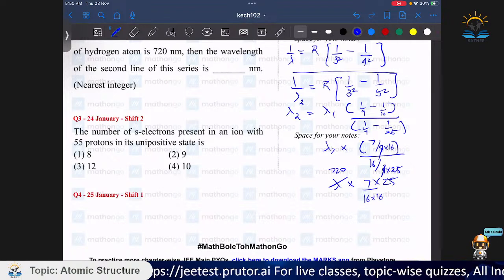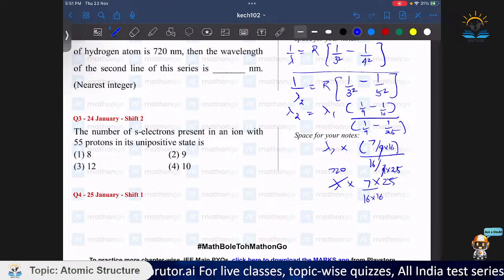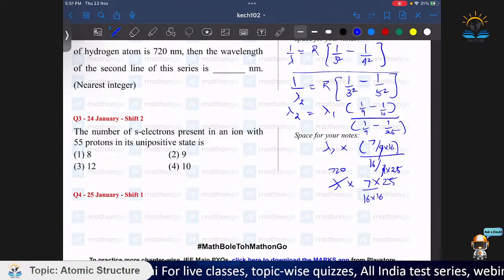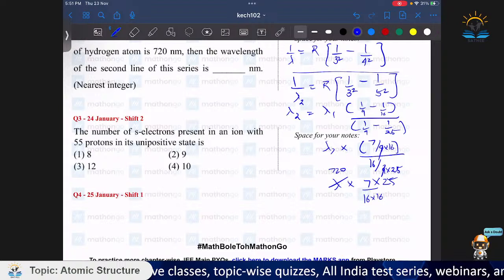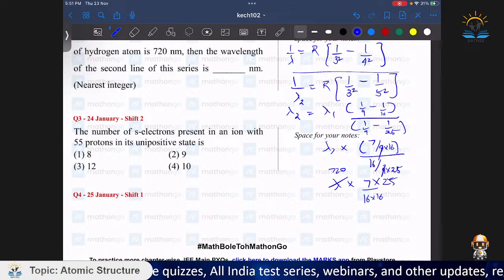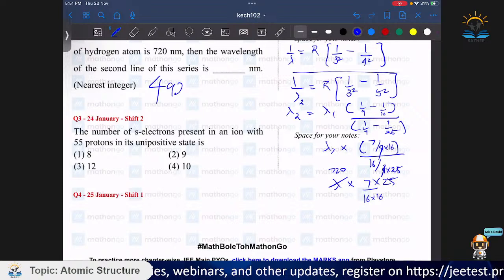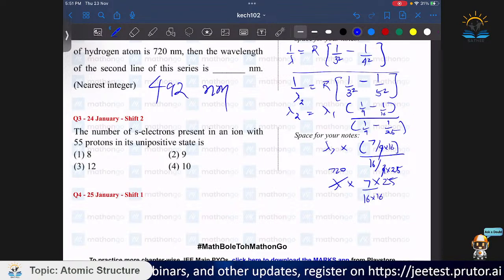On multiplying, you have to multiply 720 into 7 into 25 divided by 16 plus square. So you have almost 492 nanometers.